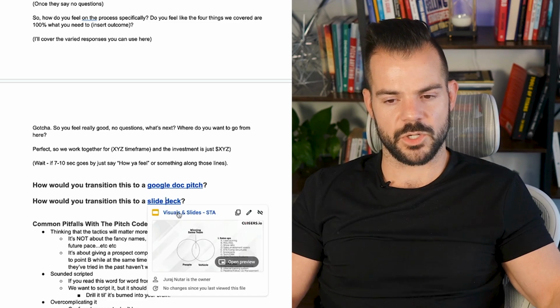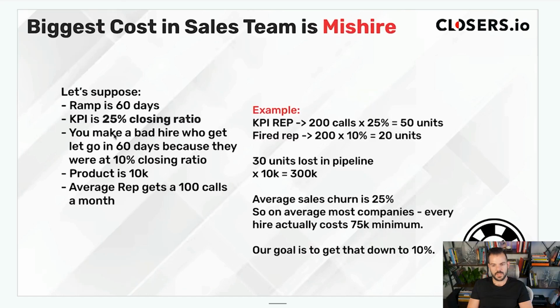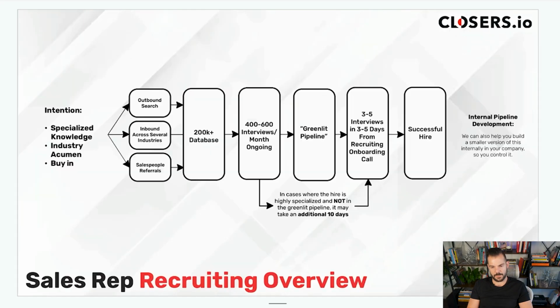The other way you can do it, and this is probably my favorite way, is through visuals, okay? So you bring up a slide deck, and this isn't like a webinar. It's really just transferring the script into visuals, and it's just going to be a couple. I have 8 slides here, okay? So here I have the sales systems, people in vehicle, all of that stuff. And this one's the recruiting pipeline.